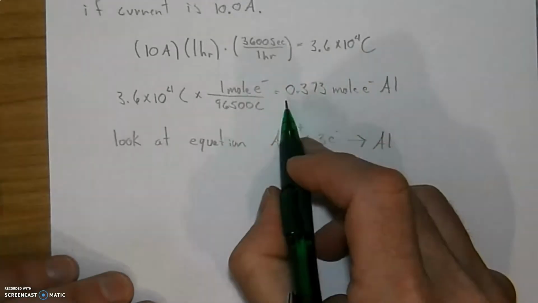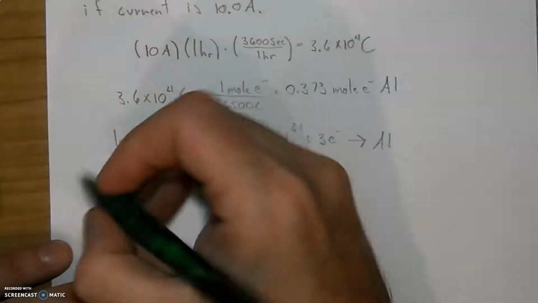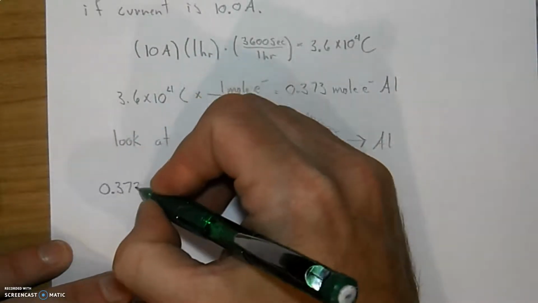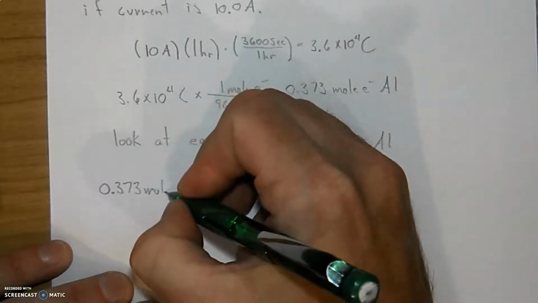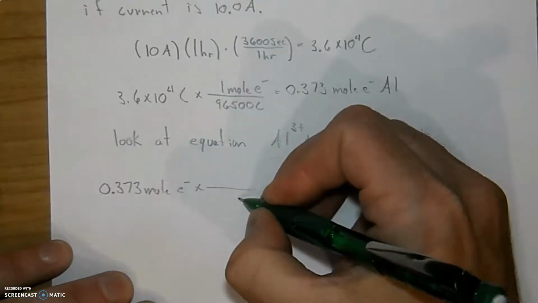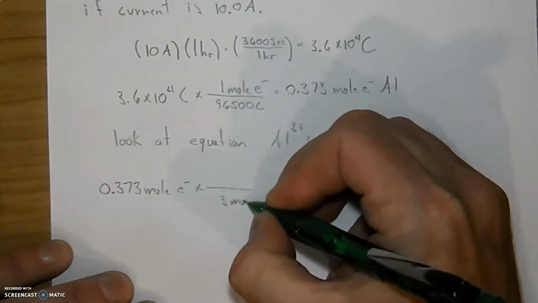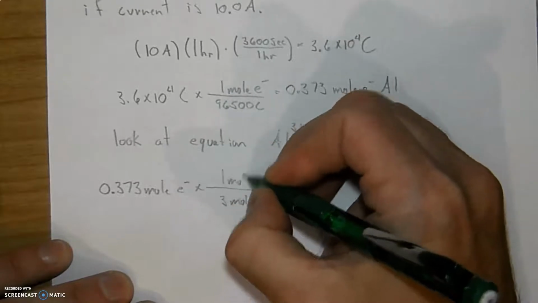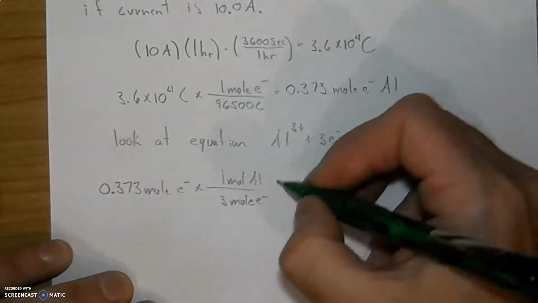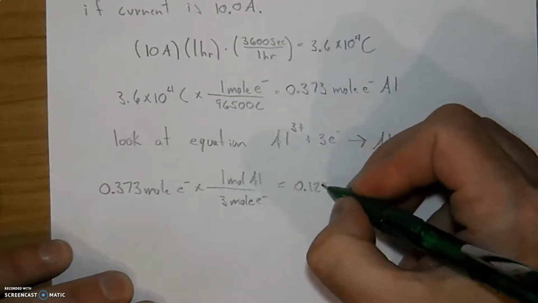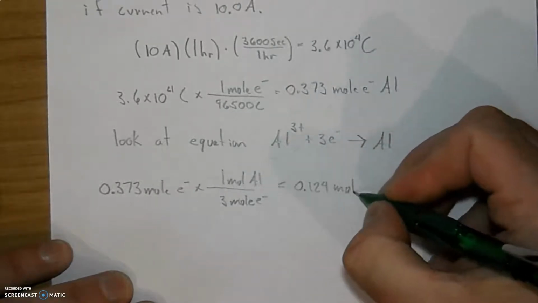So if I take the value I had previously, 0.373 moles of electrons, and I'm dealing with 3 moles of electrons for every 1 mole of aluminum metal, solid. That'll give me 0.124 moles of aluminum.